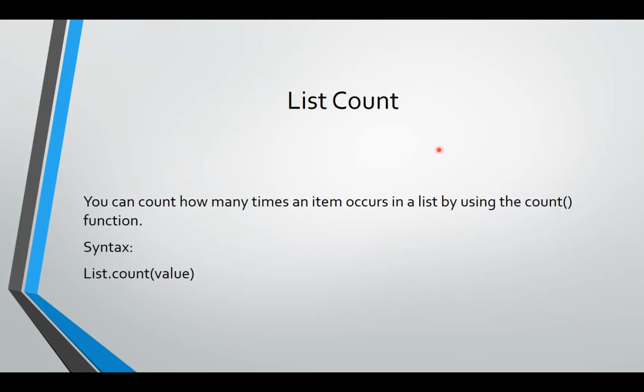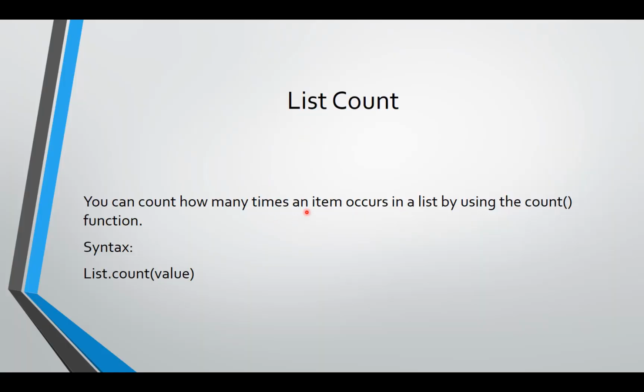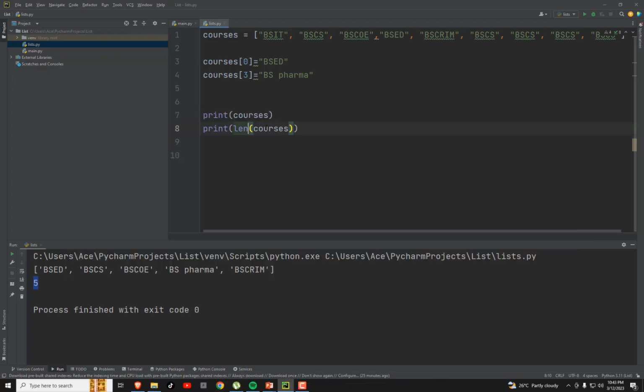Next, we have list count. So, you can count how many times an item occurs in a list by using the count function. So, if we have two BSCS, and we count it, how many is the value of BSCS. The syntax is list, and then count, and then value.